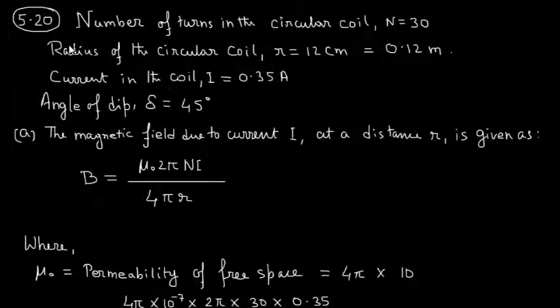So solution to 5.20 is number of turns in the circular coil n is equal to 30, radius of the circular coil r is equal to 12 centimeter, that is 0.12 meter, current of the coil I is equal to 0.35 ampere, angle delta is equal to 45 degree.